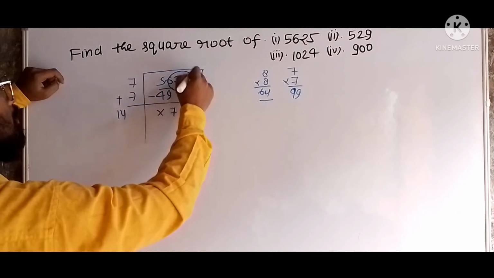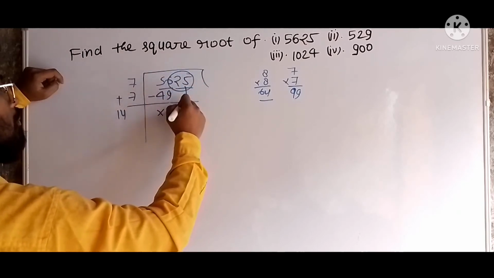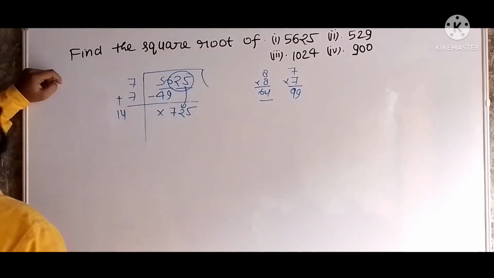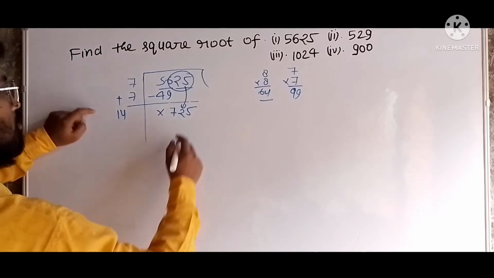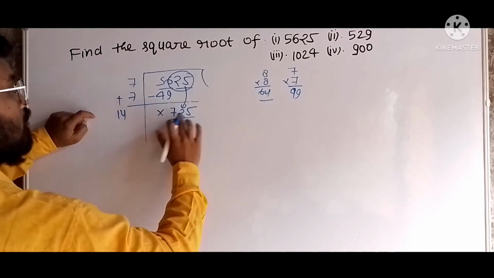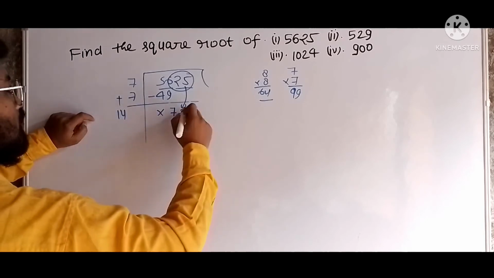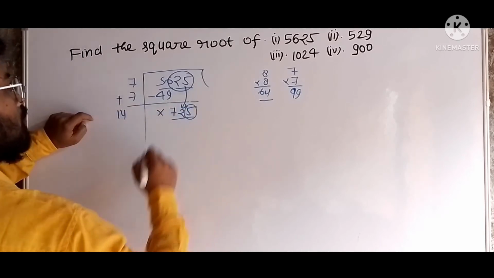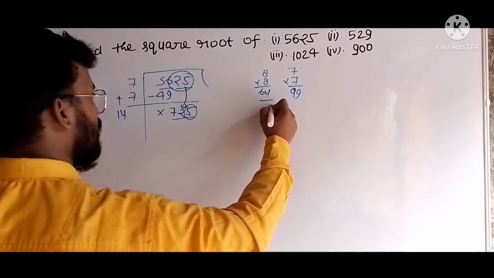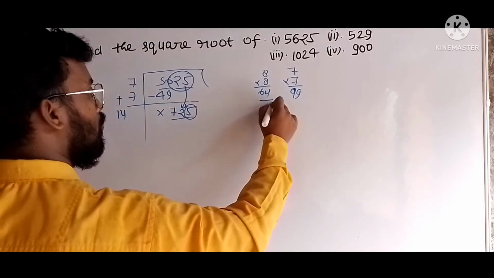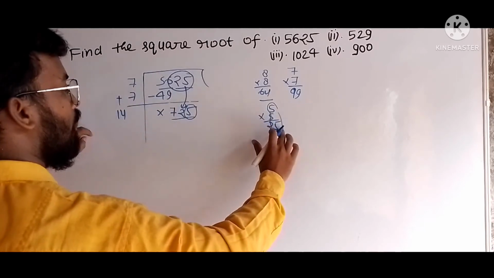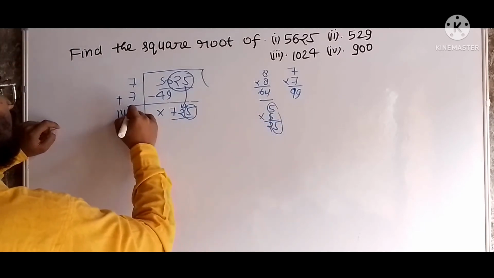After that the second pair will come here, and now take a number here such that you get 725. Here we see that this number ends at 5, and when we multiply 5 into 5 we get 25, and this is the only number that gives 5 at the unit place. So take 5 here.